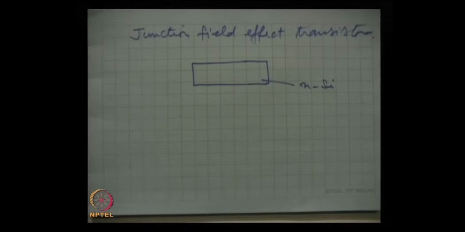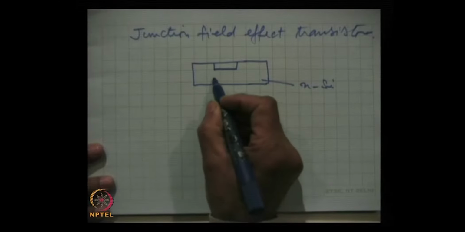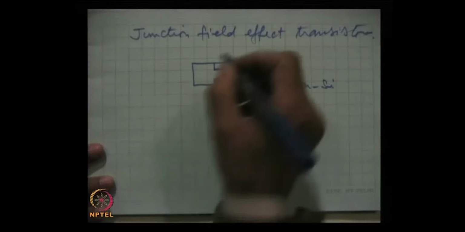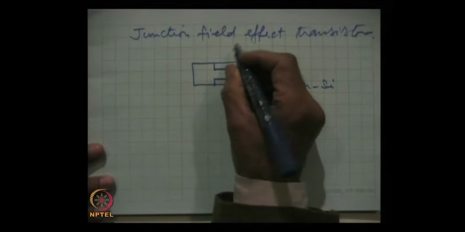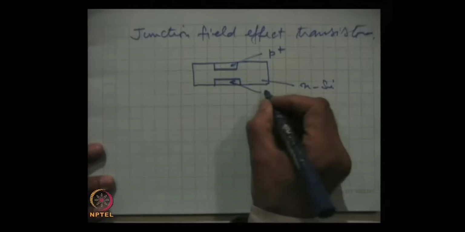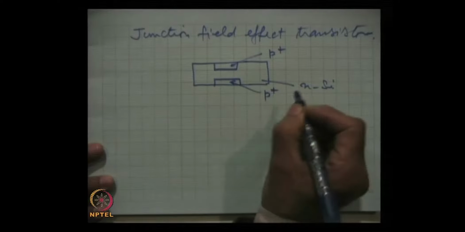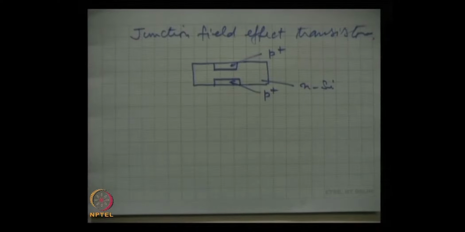Let us just take it is a chip of N silicon on which two regions of heavily doped p type, this is p plus and this is also p plus, are fabricated, grown.